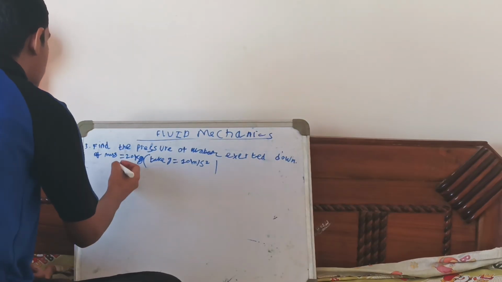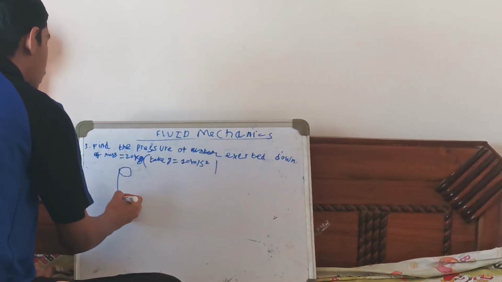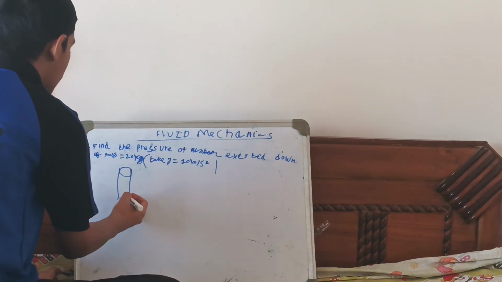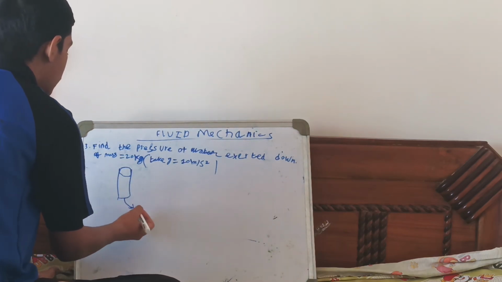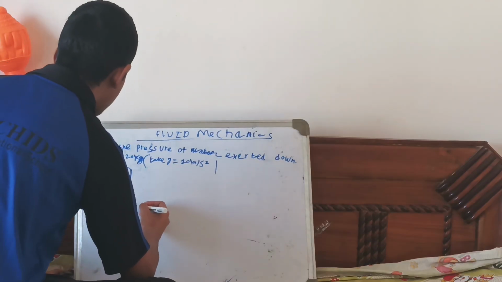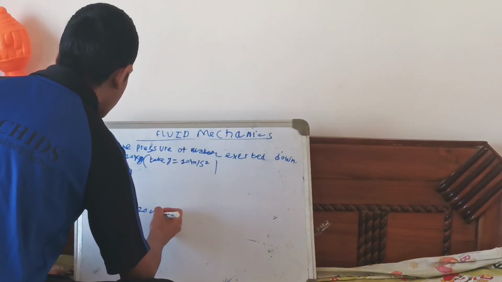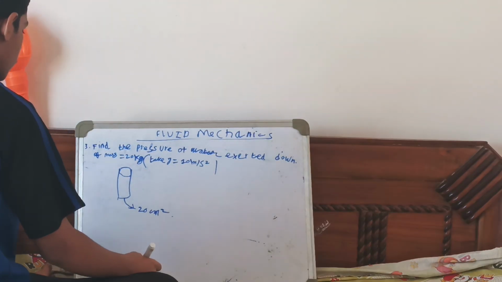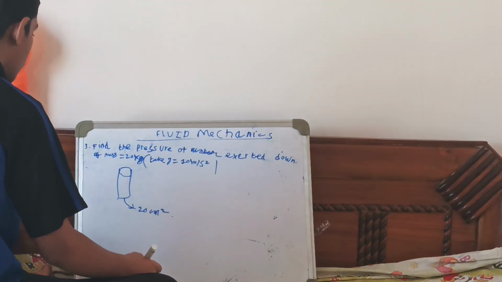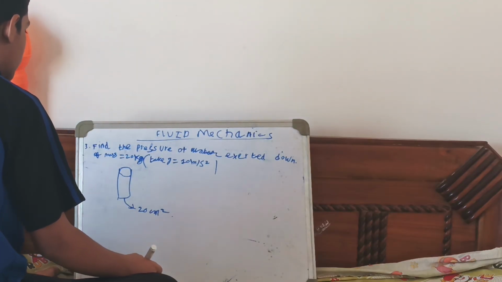This is the ball, here is the water, and the cross section will be, suppose, 20 centimeters square. Now find.